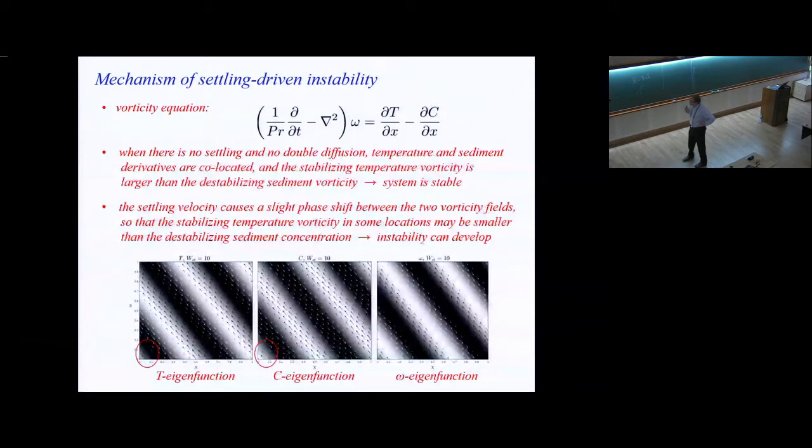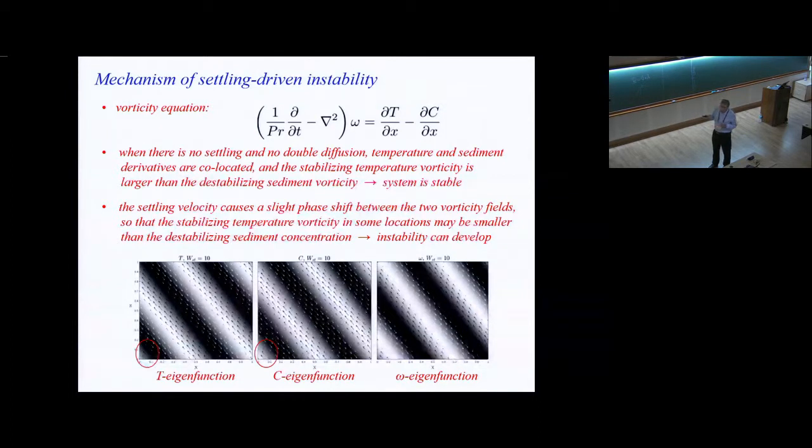And so when there is no double diffusion and no settling, then these horizontal temperature and sediment concentration gradients will always be co-located. And because the overall density profile is stable, that means the stabilizing temperature contribution will always outweigh the destabilizing sediment concentration everywhere, and as a result, the system is stable.